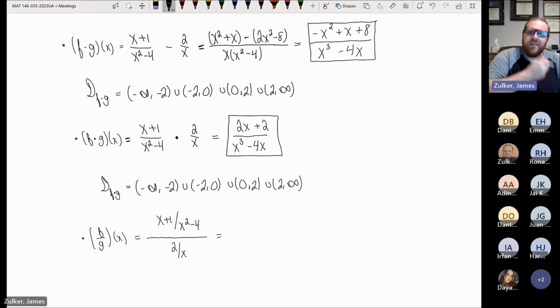Remember, when you divide fractions, or when you simplify a complex fraction, you multiply the numerator by the reciprocal of the denominator.